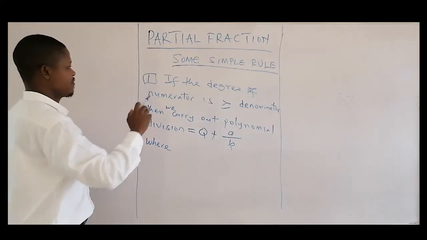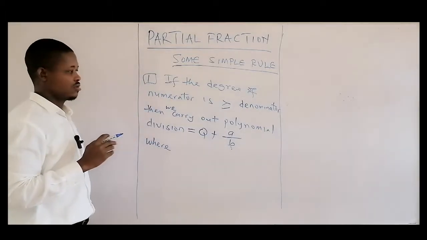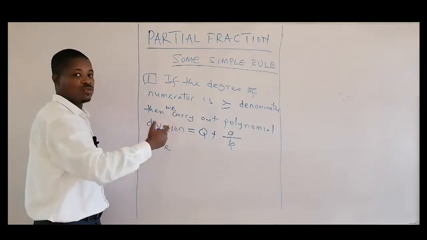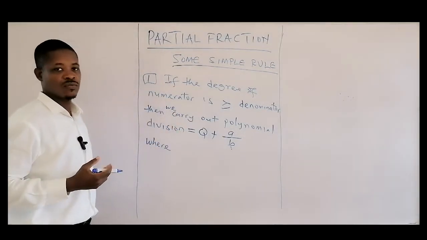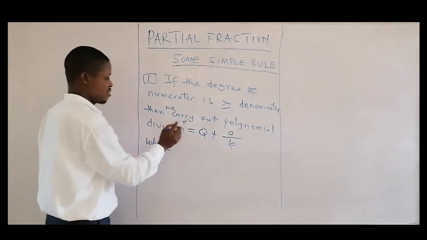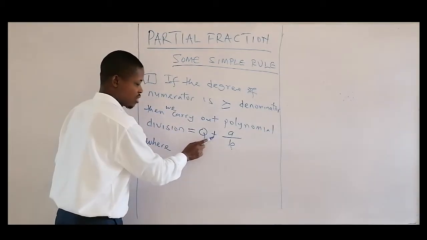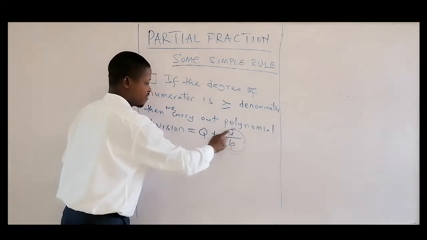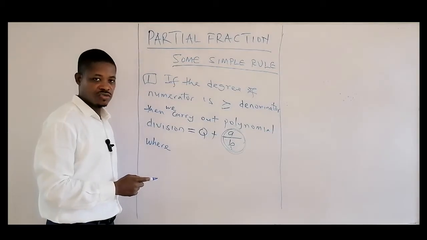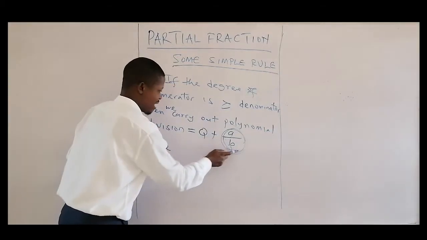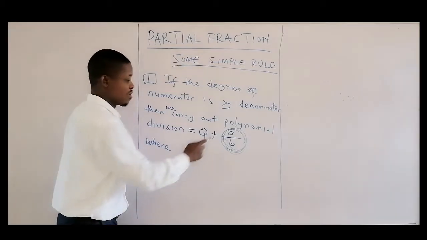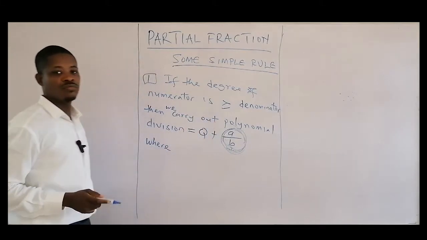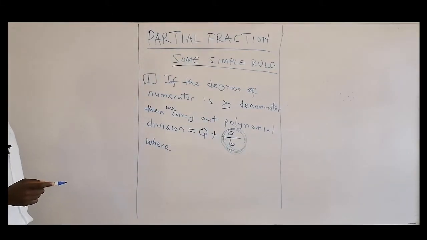If the degree of the numerator is greater than or equal to, we carry out polynomial division, and that division will give us the quotient plus a fraction. This fraction will be resolved into partial fractions. In that case, the numerator is now of lower degree than the denominator. So that's the first case.